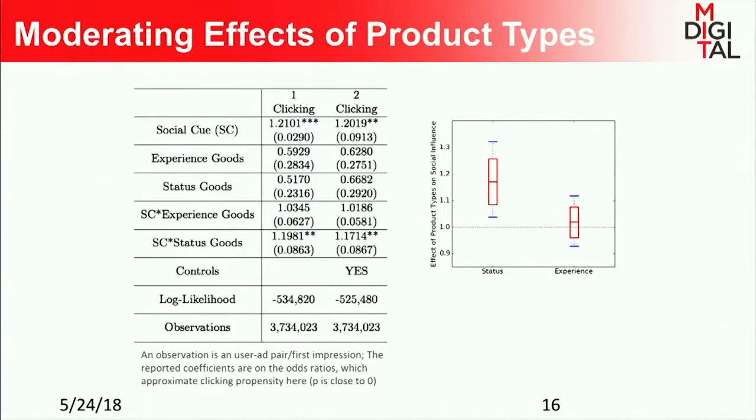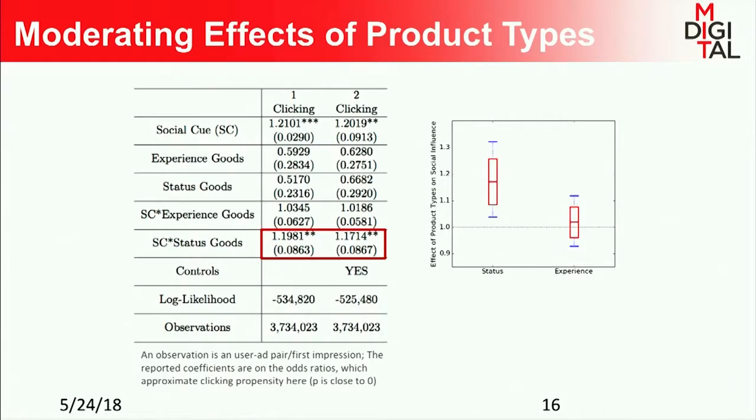Here you might ask why some ads are more effective or more affected by the social cues than others. Here we look at this problem deeply. We focus on two theoretically motivated product distinctions: experience versus search goods, and status versus non-status goods.